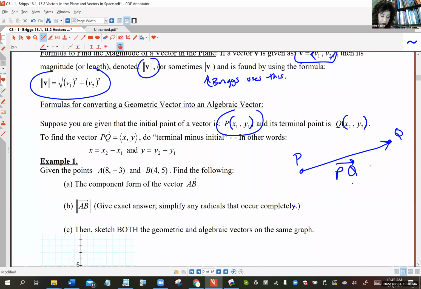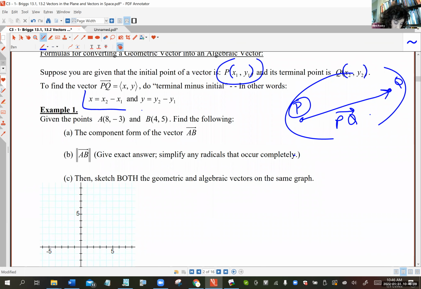How would you do this so that you can move your vector, or translate it, into standard position? In other words, force P to be located at the origin. Move him. Hey, come over here. And then Q will move along with you, just so long as you maintain the integrity of the vector, where it's still pointing in the same direction and has the same length. So the magical formulas are here.